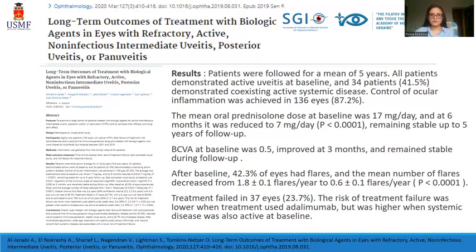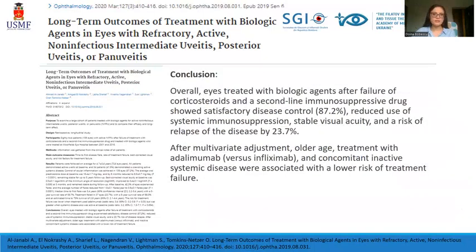The risk of treatment failure was lower when treatment used adalimumab, but was higher when systemic disease was also active at baseline. In conclusion, overall, eyes treated with biologic agents after failure of corticosteroids and a second-line immunosuppressive drug showed satisfactory disease control, reduced use of systemic immunosuppression, stable visual acuity, and the risk of relapse of the disease by 23%.